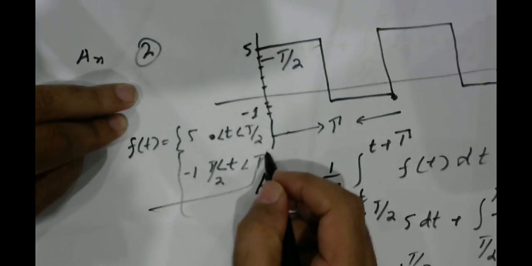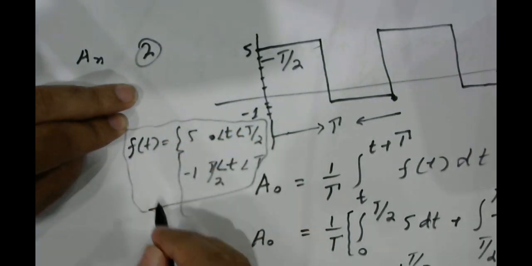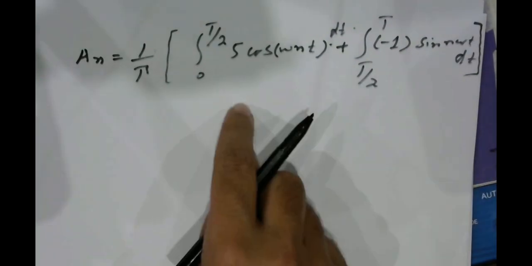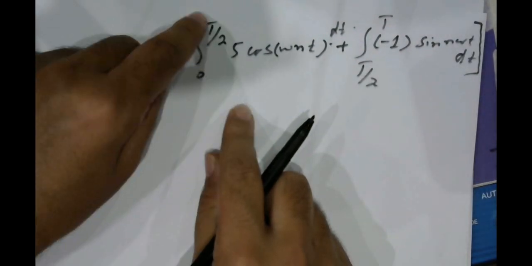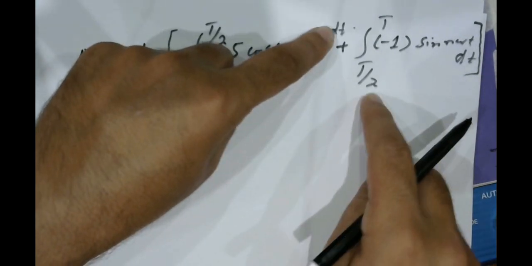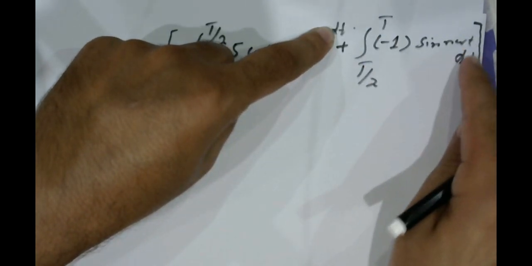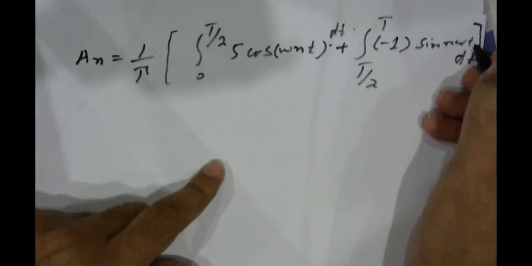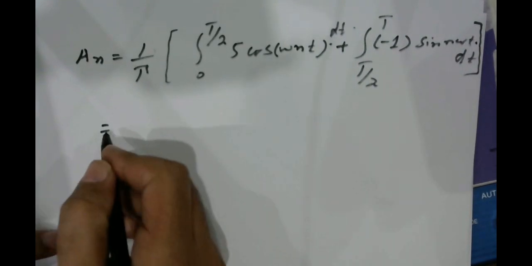So I'm just evaluating this f of t in these intervals. Okay, so that's how I write them. That from 0 to T by 2, this is 5 cos n omega t dt, and from T by 2 to T, this is minus 1 sine n omega t dt. Okay. Now you need to solve this integral. So I hope you can solve these integrals, but in this example I'll solve it, and another example you will do yourself. Okay. And this is 2 by T.